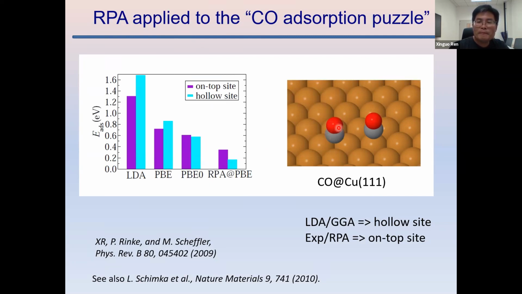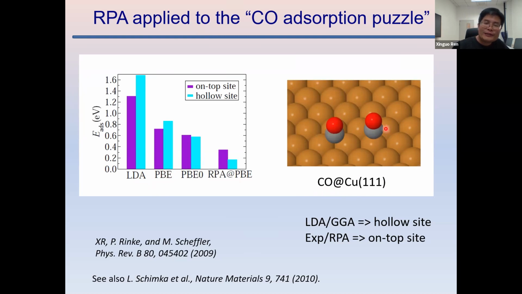When you put a CO molecule on top of this copper (111) surface, one may ask the question, which adsorption site does CO prefer, because there are different sites: the hollow site, three-fold coordinated, the top site, the bridge site, etc. If you do a conventional LDA or GGA calculation, it gives you the result that the hollow site is preferred.